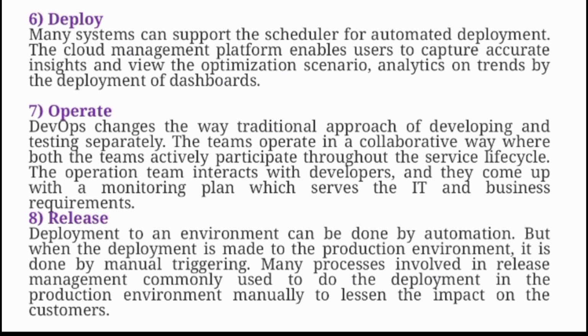And the next phase is the operate phase, or manage phase. The main objective of the operate phase is to ensure the stable operation of the application in the production environment. The main activities of the operate phase are to monitor application and infrastructure, respond to incidents and issues, and perform routine maintenance tasks.